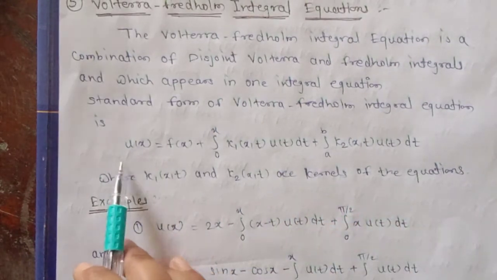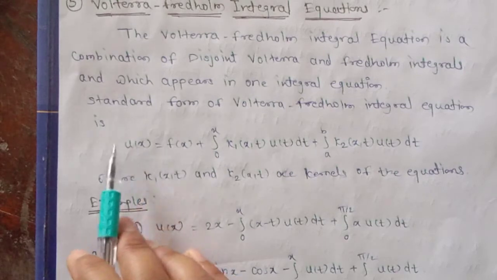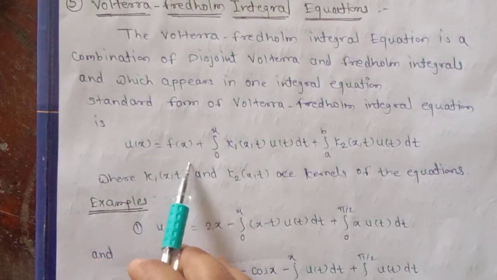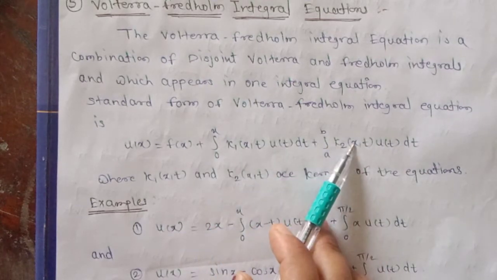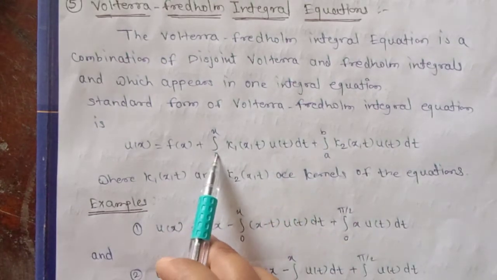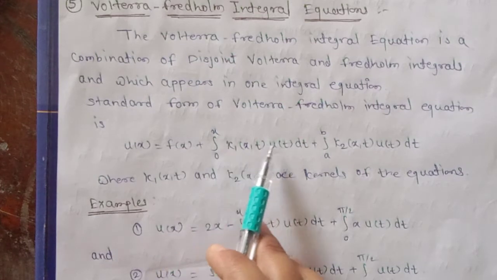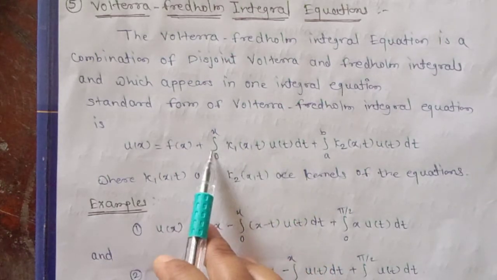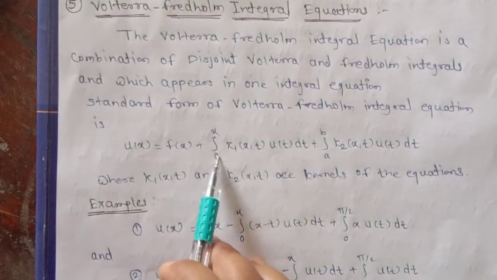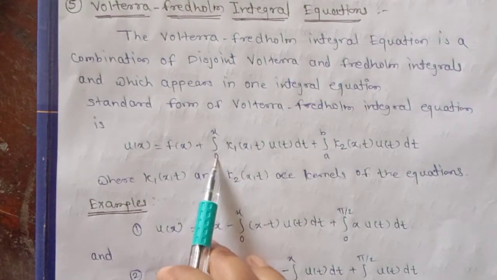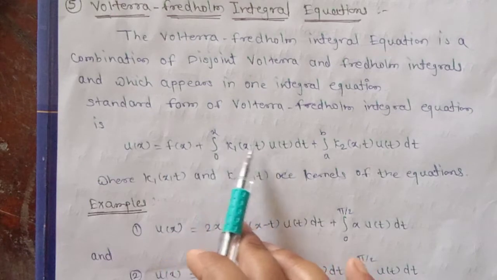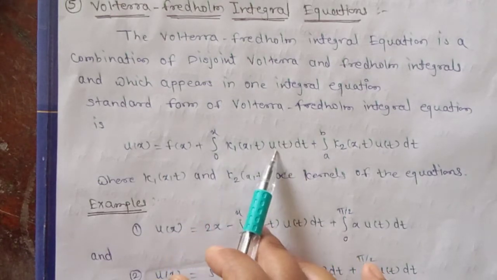Now look at here, the standard form is u of x is equal to f of x plus the combination of the Volterra and the Fredholm integral equation. Here integral 0 to x k1 of x t u of t dt appears with upper limit x and lower limit 0. So this is nothing but the Volterra form. Okay, this is a Volterra integral equation form.